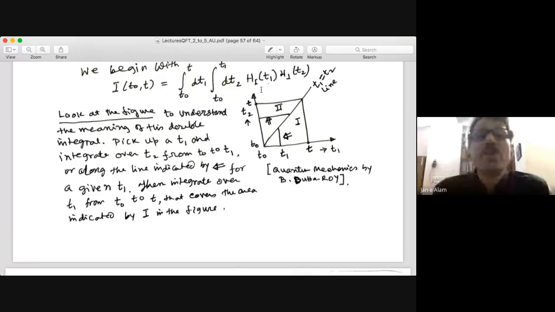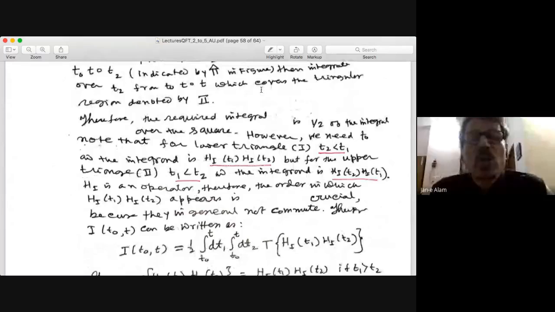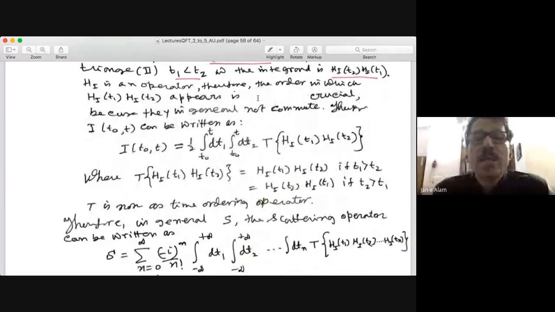And that can be implemented by introducing a time ordering operator, which is also called chronological operator. So I just put that chronological operator. You have to check whether T1 is greater than T2 or T2 is less than T1. And then, as I said, this will be half of this.